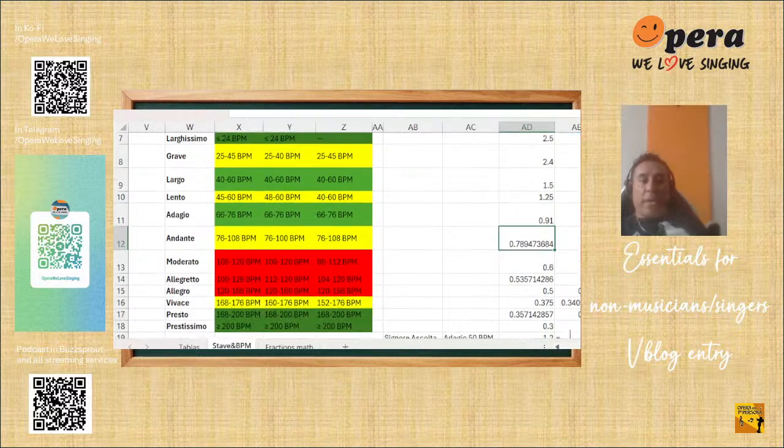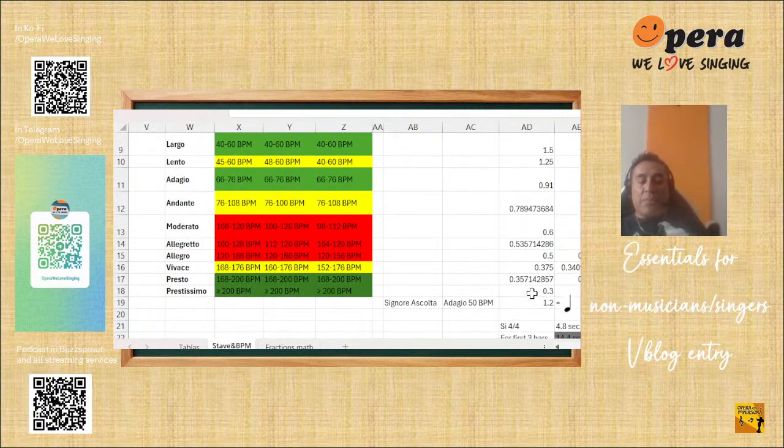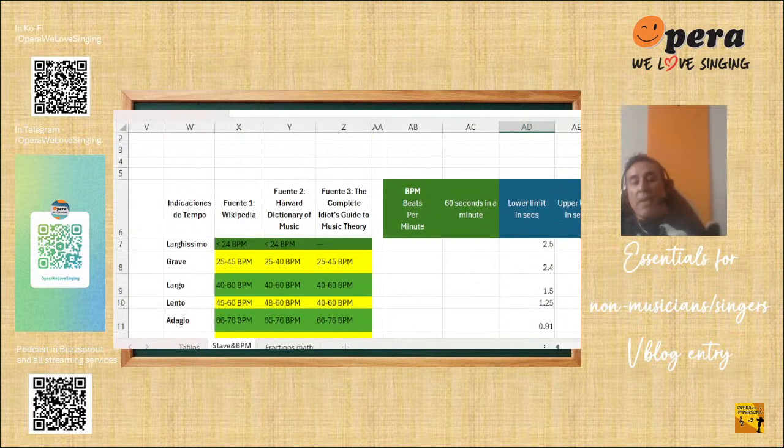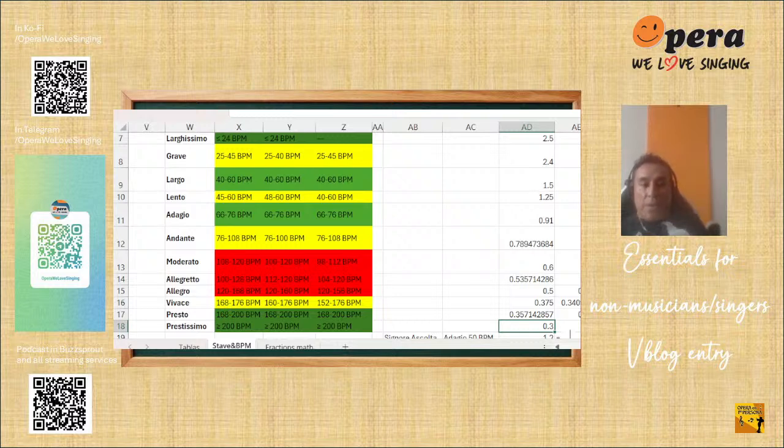A quarter in allegro is going to be around half a second. A quarter in prestissimo is around 0.3 for the lower limit. So very basic math that is going to give us the duration of each of the notes if we are going to be very precise in such calculations.